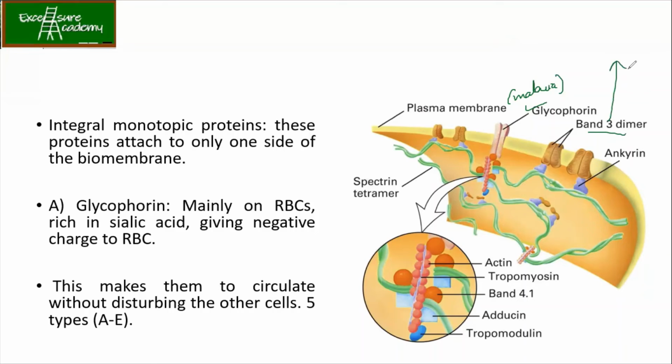Band 3 is responsible for the exchange between oxygen and CO2 in the lungs. ठीक है? Then ankyrin हो गया, tropomyosin हो गया, adducin हो गया, tropomodulin हो गया. So they all are your supporting proteins. Then spectrin also, there's something which you need to remember. अब हम धीरे-धीरे जाते हैं what all these proteins are doing. ठीक है? So you have seen glycophorin का काम, band 3 also I have mentioned.